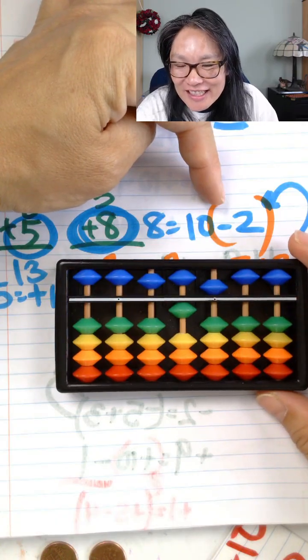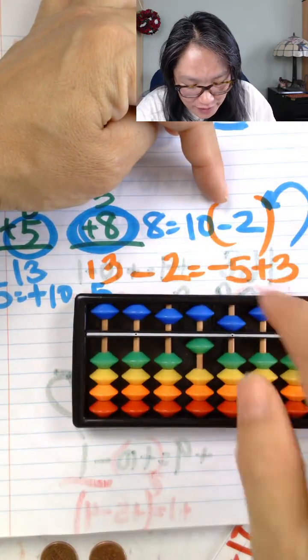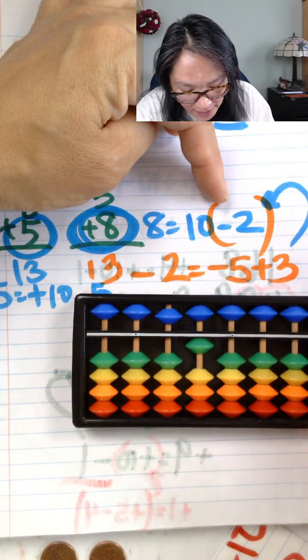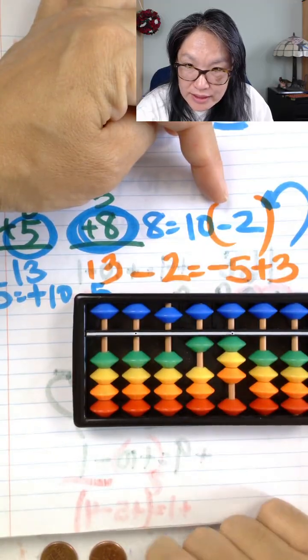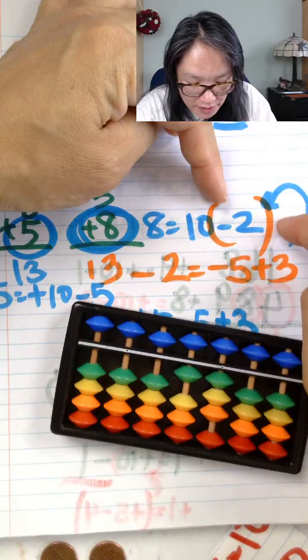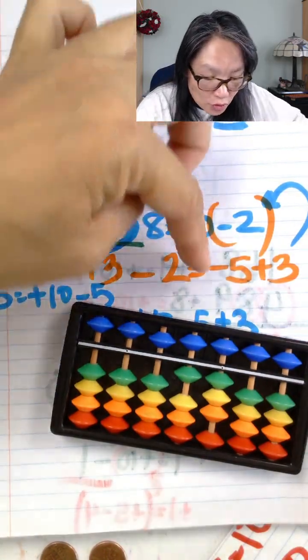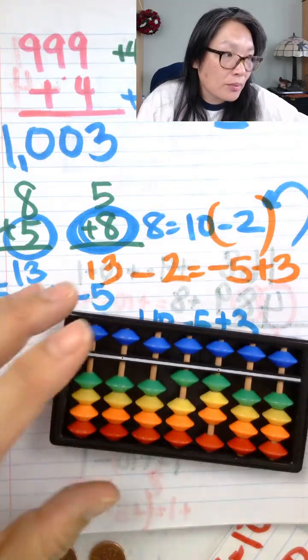We want to utilize this 5: minus the 5 plus the 3. My final answer is 13. This is what we call a two-step equation. We took this information and we had to do another step. You don't go to another number until you are done with the first number, if that makes sense.